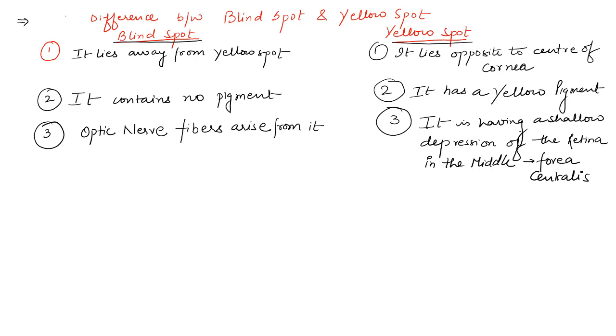So the yellow spot has a shallow depression of the retina in the middle known as fovea centralis. This depression is in the middle of the macula lutea.